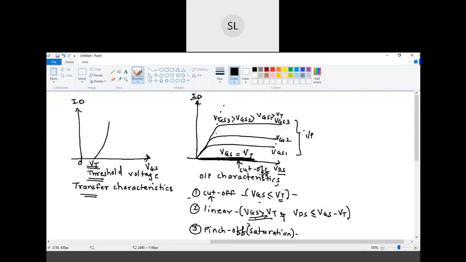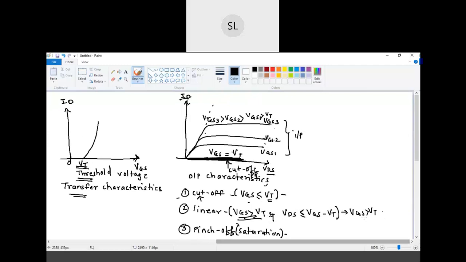For Vg greater than Vt, current will be flowing from drain to source in proportion to this, for this linear region.